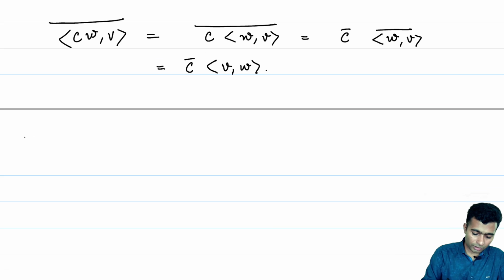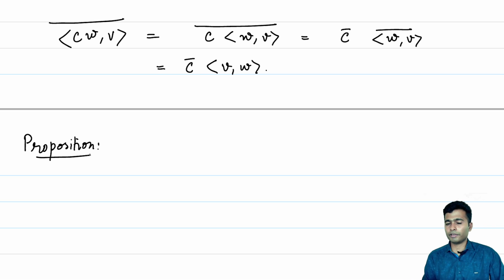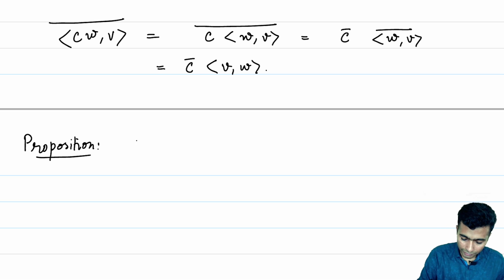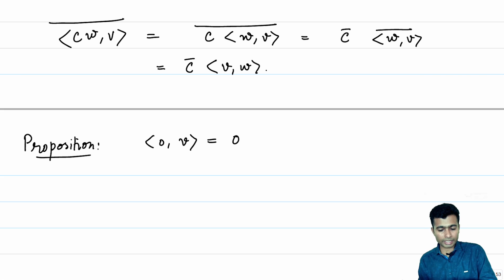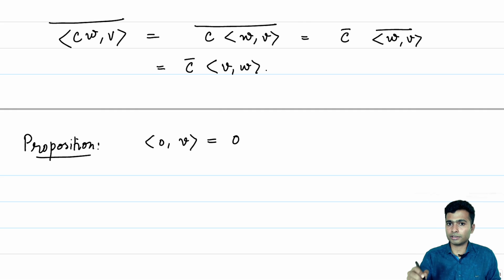Okay, one more observation. The inner product of 0 with any vector is 0. I will just leave that as an exercise. Let me just write it down: it is equal to 0. This 0 inside the inner product is the vector, and on the RHS it is the scalar 0.